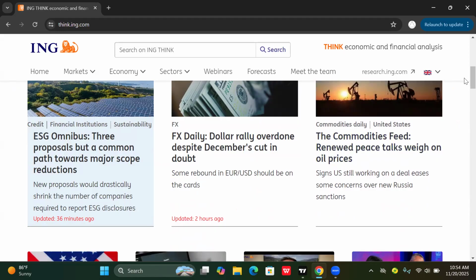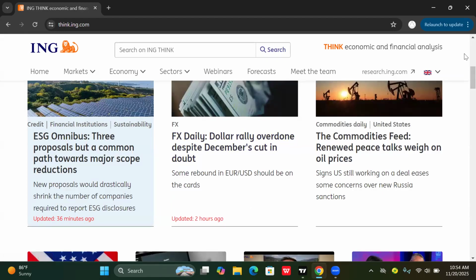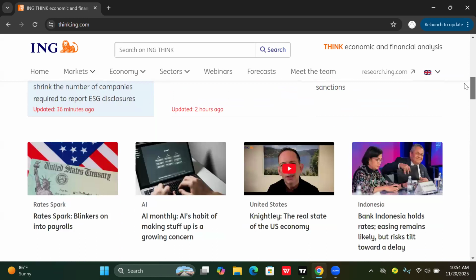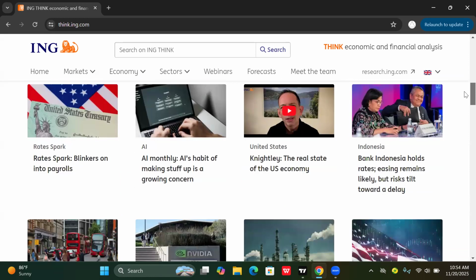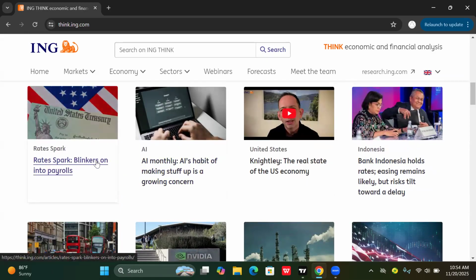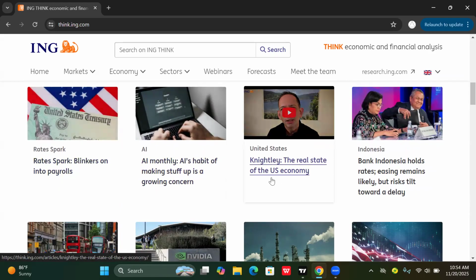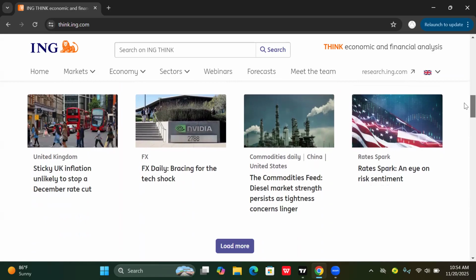Okay. Now, some rebounds in EUR/USD should be on the cards. Just two hours ago, equally, I'm looking for that as well. It's in line with my analysis. And it also says here, Rates Spark: blinkers on into Euro. Nightly, the US economy of Indonesia holds rates. No, not what I want to see.